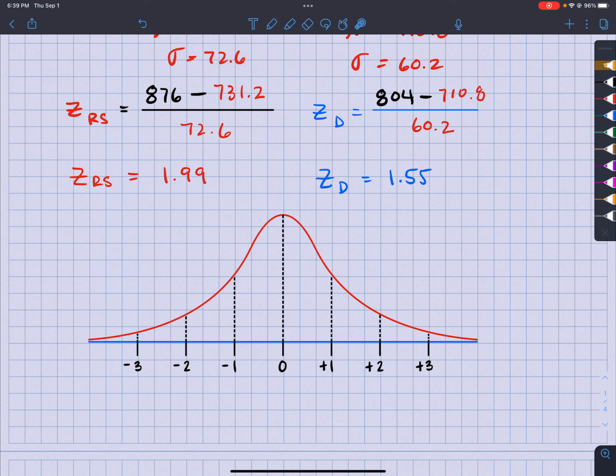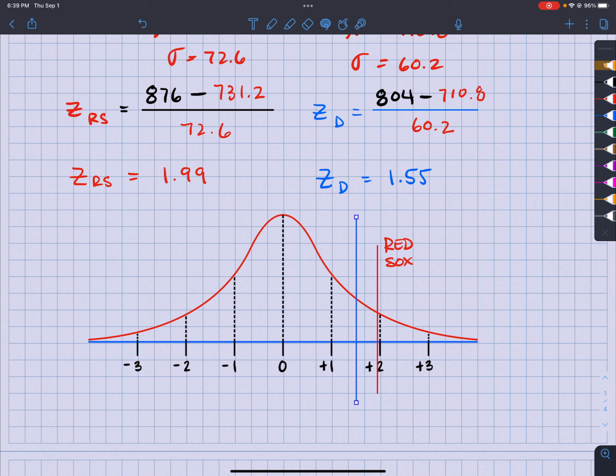Okay, so we look at this, the Red Sox is over here at 1.99. It's very close to 2 right there. So this is the Red Sox. And the Dodgers are right here at 1.55. So not quite center, it's just right of center.